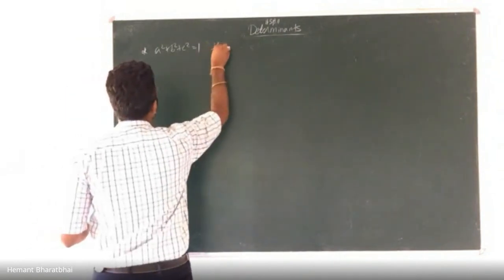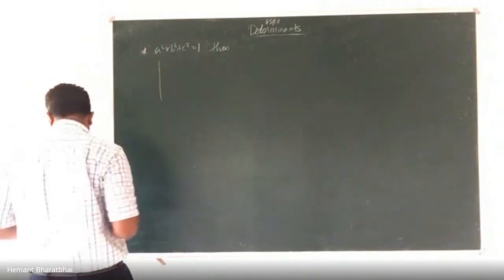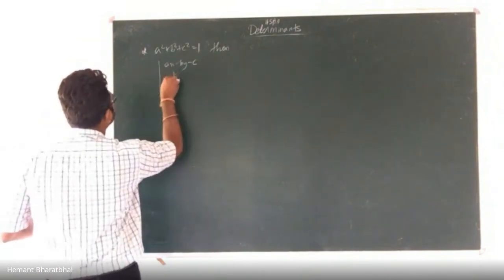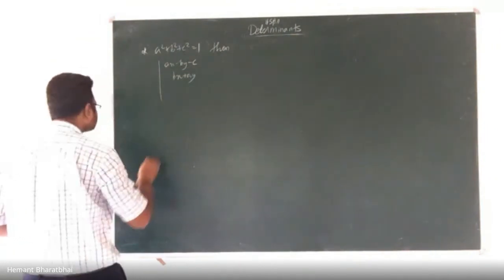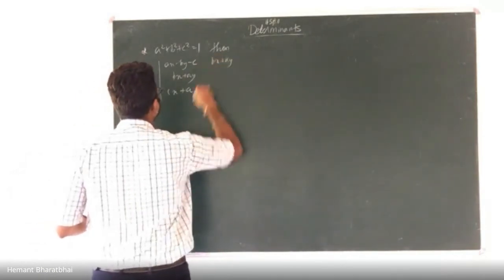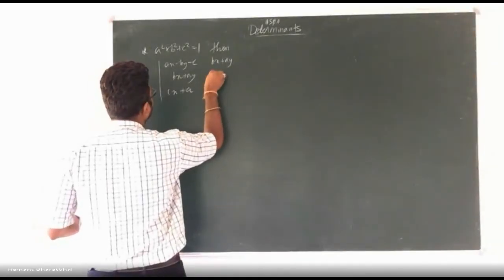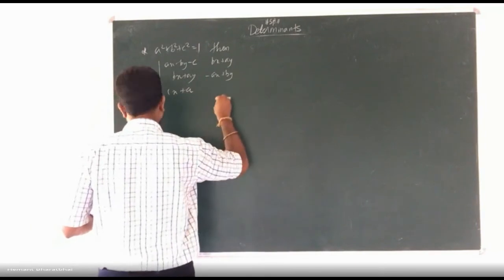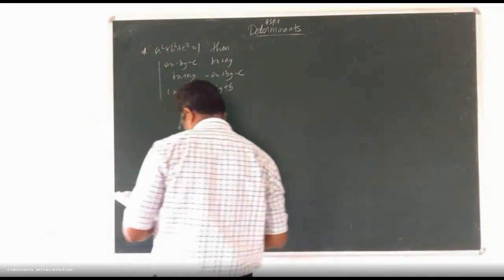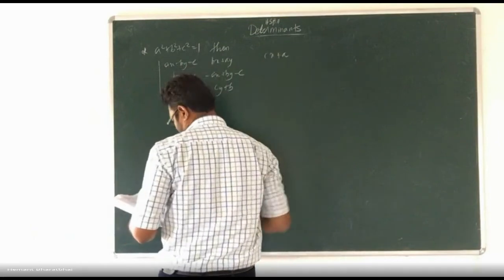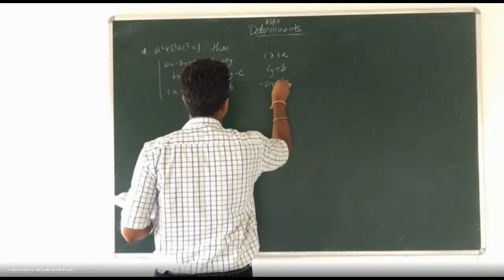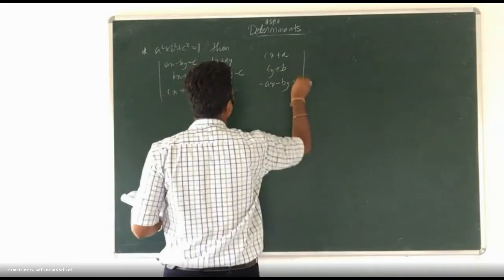Then the equation of this determinant: ax minus by minus c, bx plus ay, cx plus a; bx plus ay, minus ax plus by minus c, cy plus b; cx plus a, cy plus b, minus ax minus by plus c equals 0.